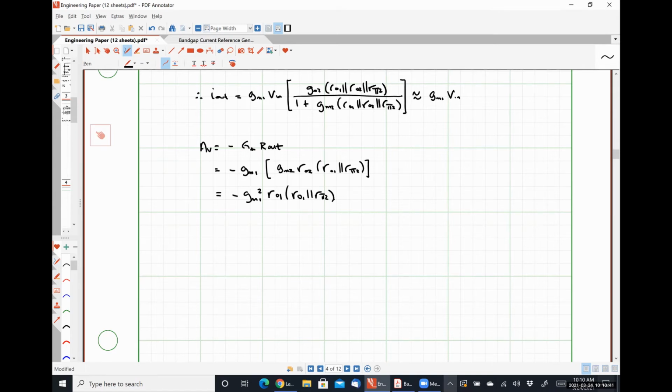So let's say that we have these two amplifier circuits, both being loaded by an ideal 1 milliamp current source.